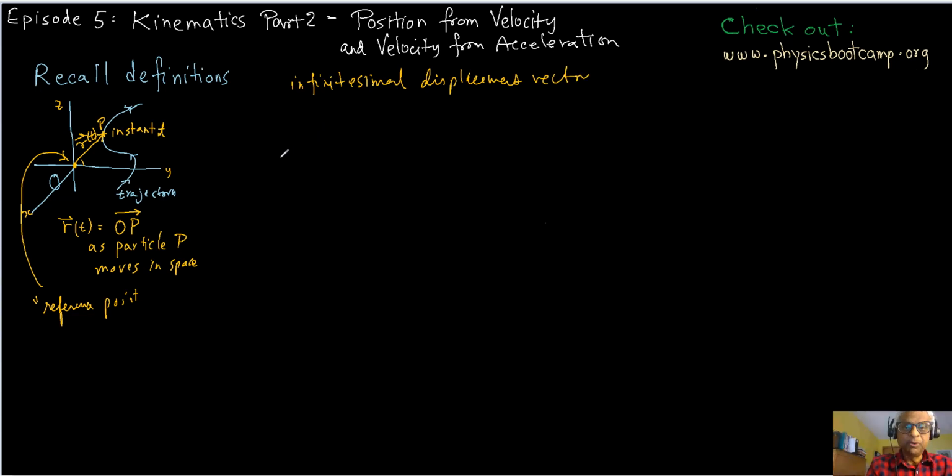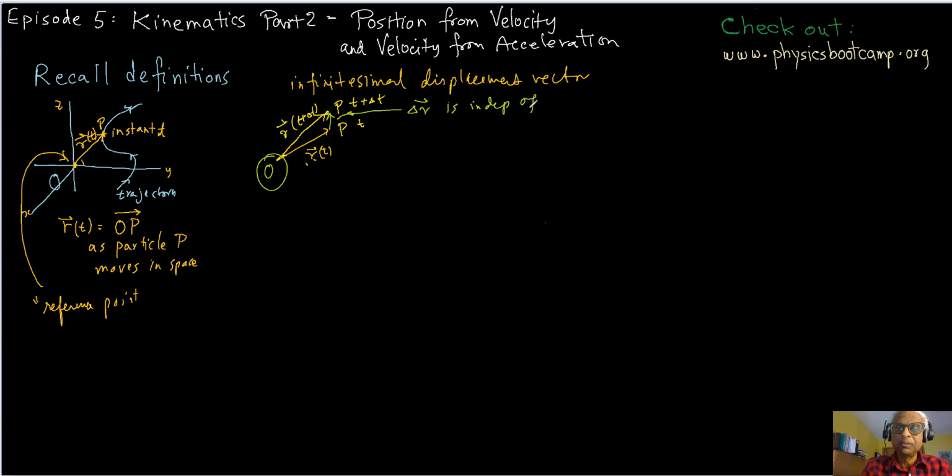We go from some position at time t to an instant later, and now it's a little bit later and the position has moved over there. So this is at time t, and this is at time t plus delta t, and this position vector is called r(t plus delta t), and the displacement is this. Although these were with respect to O, this displacement, which we denote by delta r, is independent of O.